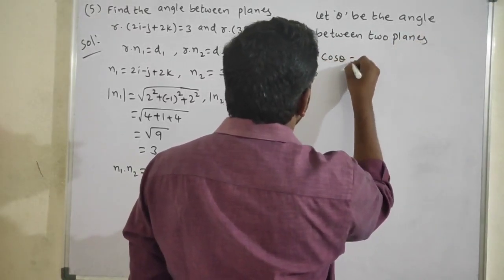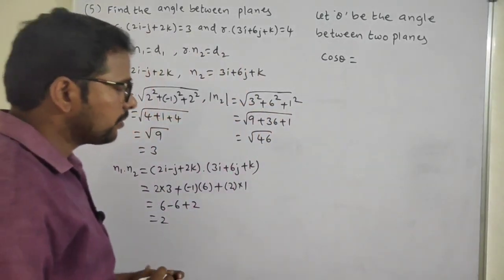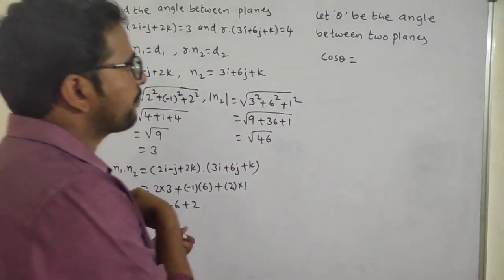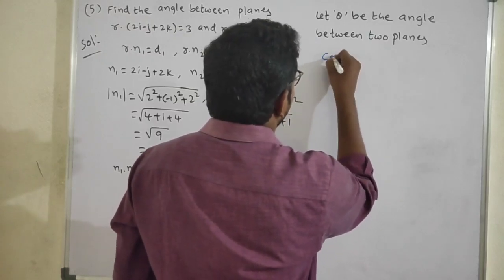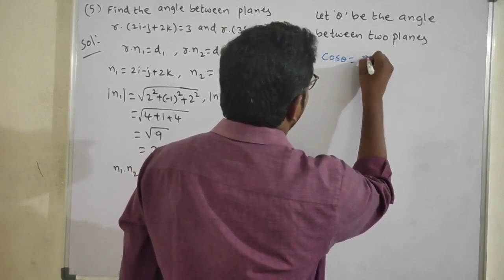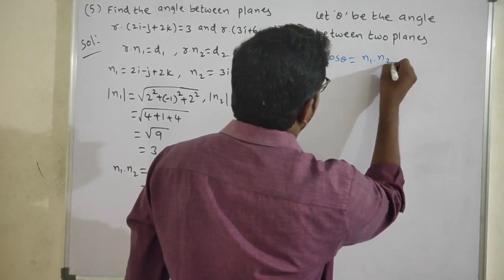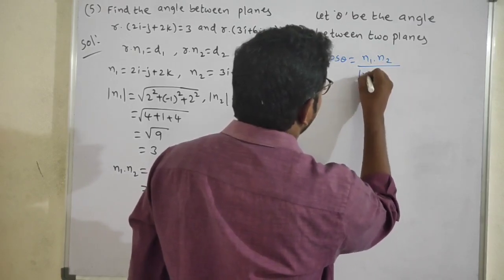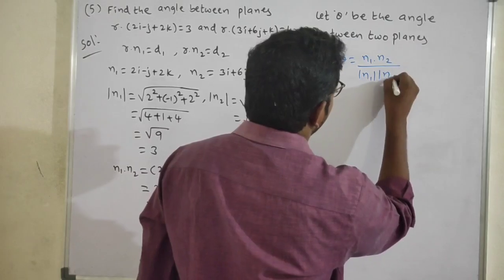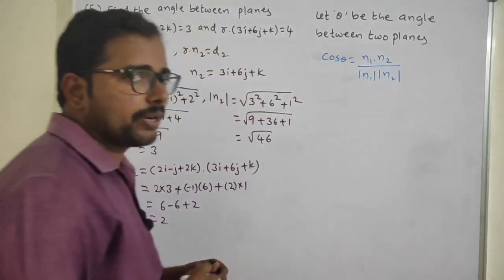Cos theta is equal to n1 dot n2 divided by modulus n1 into modulus n2.